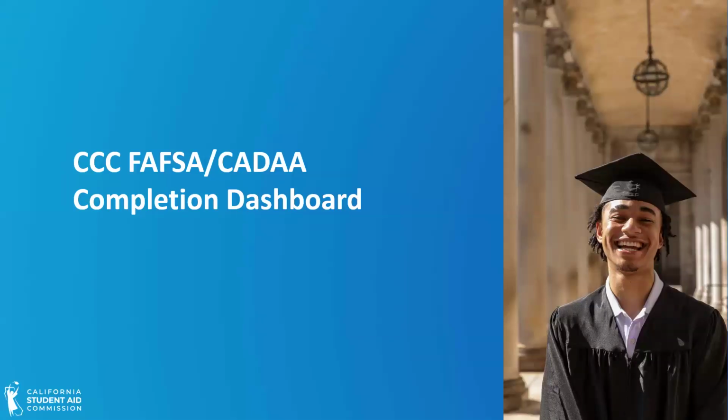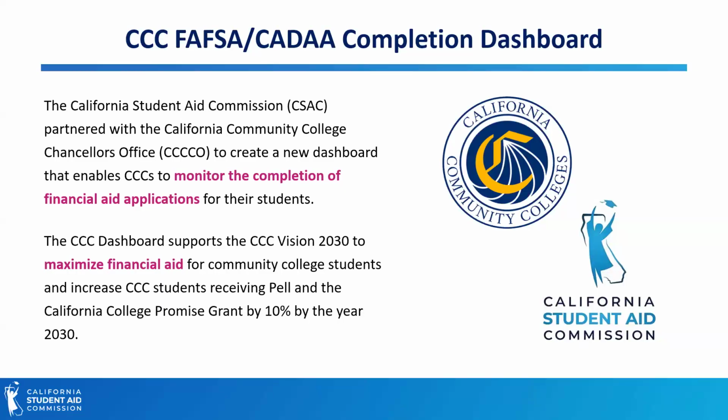So first, let's go ahead and take a look at the new FAFSA CADA completion dashboard for the California Community College system. We are very pleased to announce the release of this brand new 24-25 FAFSA CADA completion dashboard. This was a joint effort between the Commission and the California Community College Chancellor's Office. The new dashboard enables community colleges to monitor the completion of financial aid applications for their students.